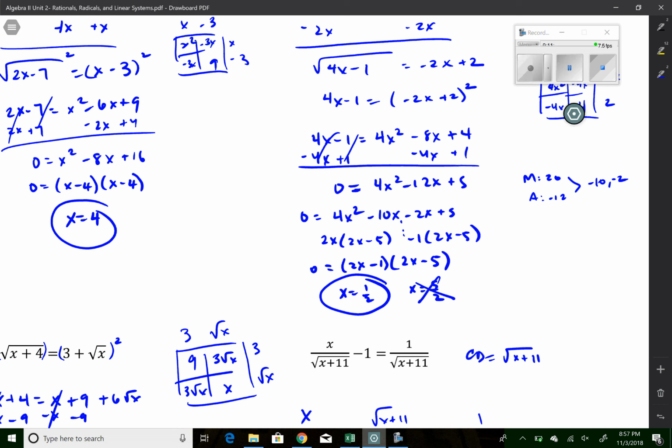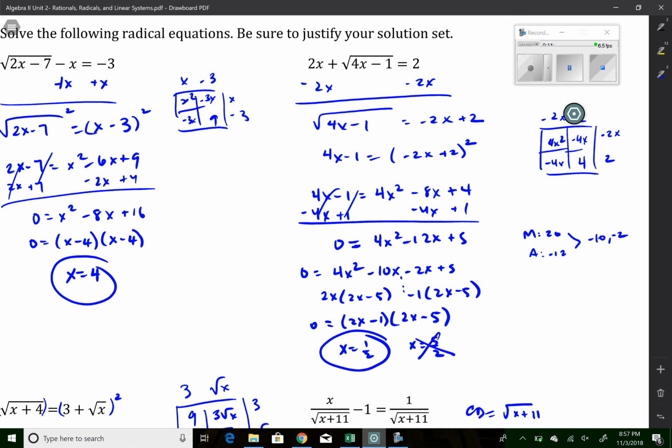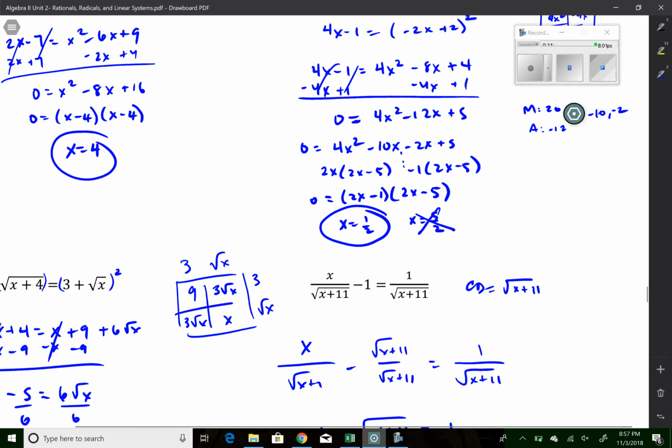The only time I'd ever do the algebra is if I'm requiring you as the person creating your test to do the algebra by making it a part 2, 3, or 4 type question, or saying show algebraically in some way, shape, or form. So it's good to know how to check it algebraically and do it algebraically, but also graphically might even be the only way that you need to know it depending on how the question's asked on a test or the Regents exam, etc. All right, so make sure you keep practicing both, especially with these nasty ones.